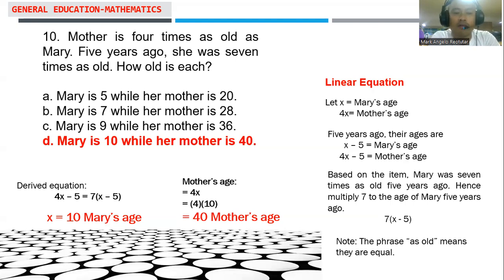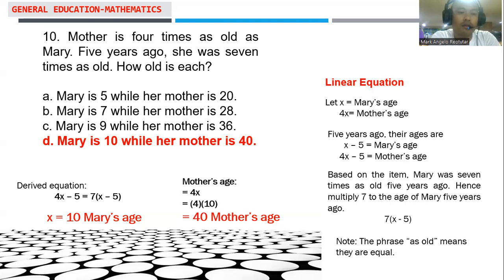In order for us to answer now the problem, we need to derive the equation considering the given. Itong mga idea dito sa right part. So in this particular case, the age of the mother 5 years ago is equal to 7 multiplied by x minus 5, or simply we have 4x minus 5 equal to 7 times x minus 5.